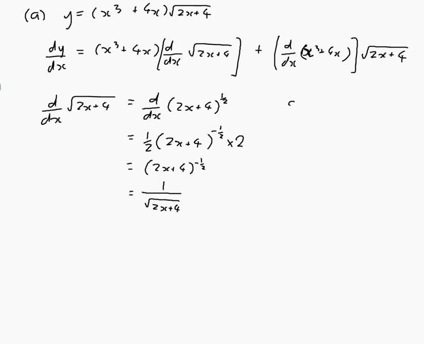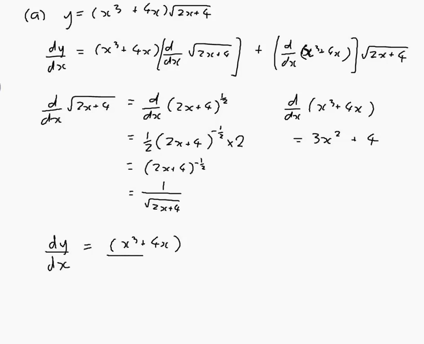And the other bit, d on dx of x cubed plus 4x, well, that's not hard because I can just differentiate those two terms separately. 3x squared plus 4. So my answer is that dy on dx is equal to x cubed plus 4x times the derivative of root 2x plus 4, which is 1 on root 2x plus 4.